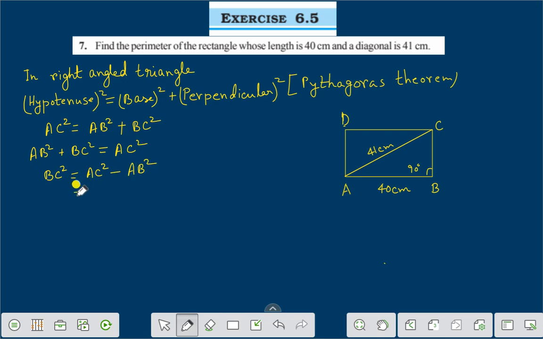Now what is the value of AC? The value of AC is 41 centimeter. Therefore 41 square minus AB is 40, that is 40 square.